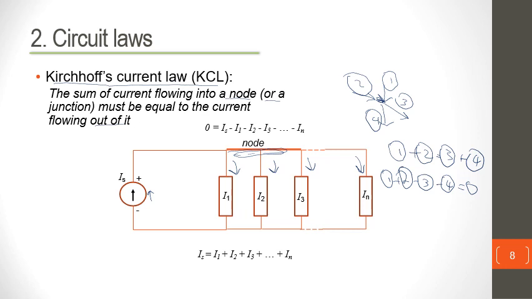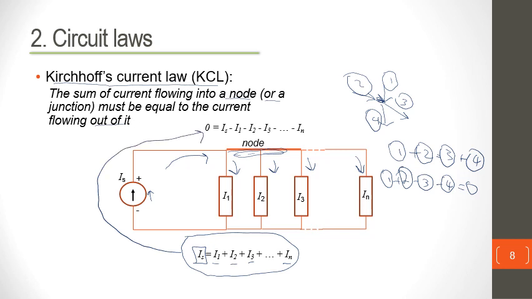So what the law simply says is, we therefore can say the current flowing in IS must be equal, because the current into this node is IS, to I1 plus I2 plus I3 plus I4, I5, I6, and so on up to IN. Alternatively, we can put the same law this way, that IS minus I1 minus I2 minus I3, and so on, must be equal to 0. That's the current circuit law.